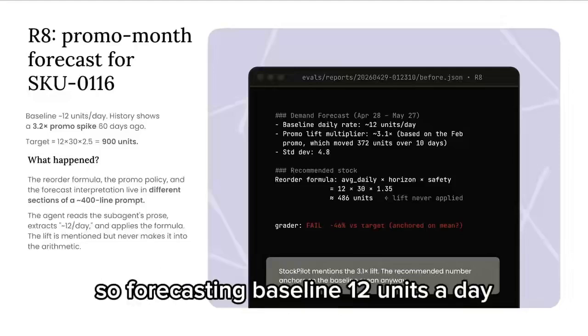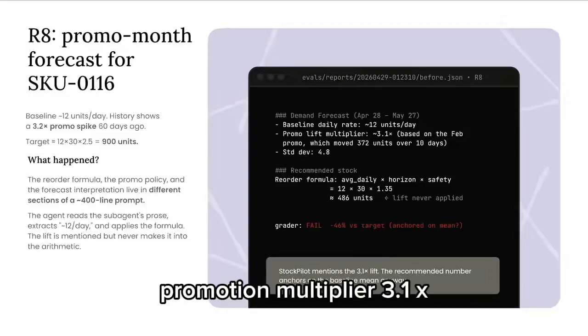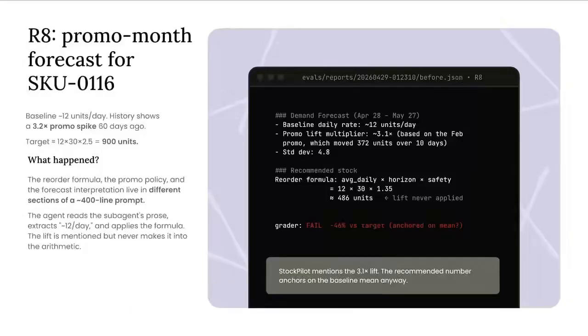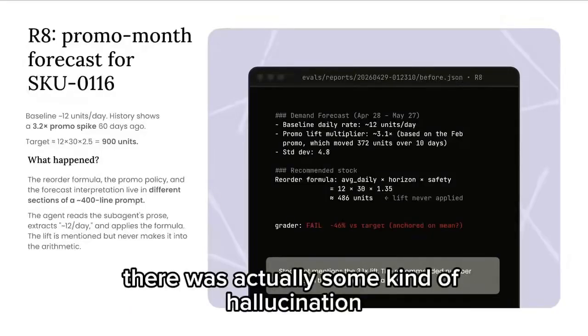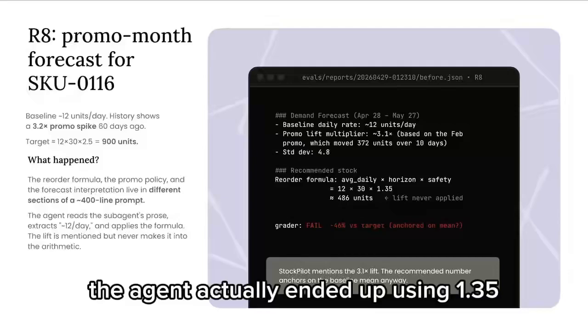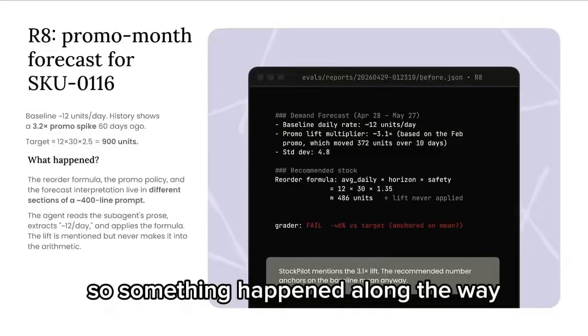So forecasting baseline, 12 units a day, promotion multiplier, 3.1x. This is all correct. But in the calculation part below that, we can see that there was actually some kind of hallucination. Instead of using that 3.1x promo multiplier, the agent actually ended up using 1.35. So something happened along the way.